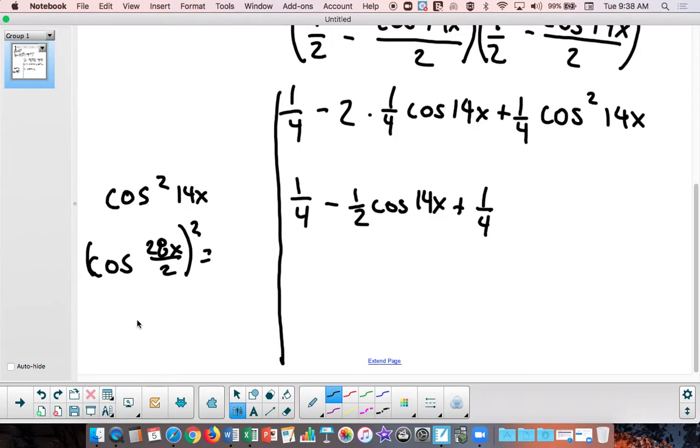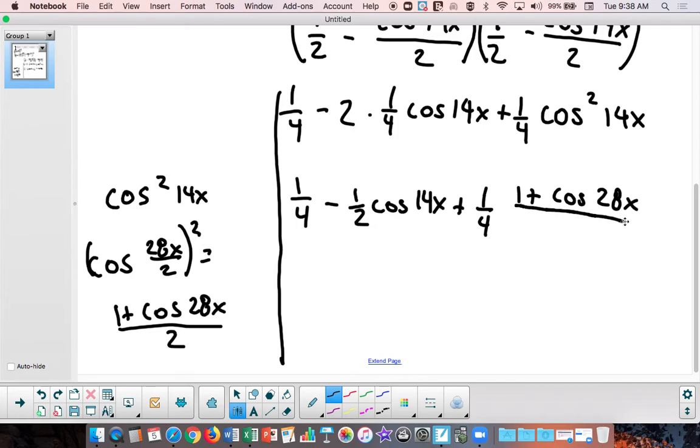I'm running out of room, but if it's squared, it's just 1 plus cosine of alpha, which is 28x, all over 2. So now I can rewrite it as 1 plus cosine 28x over 2, and I just need to simplify that expression.